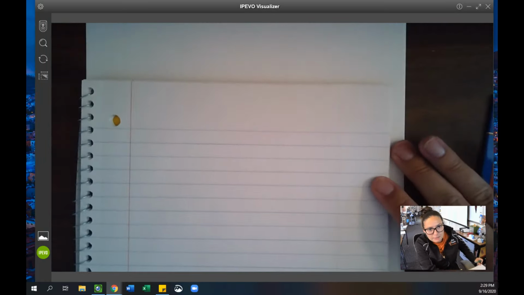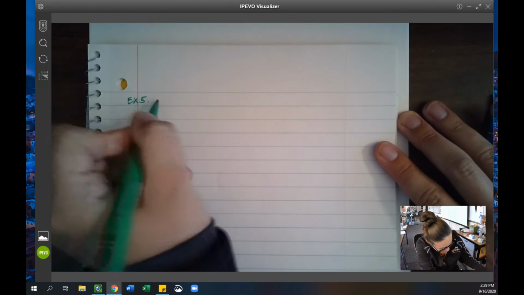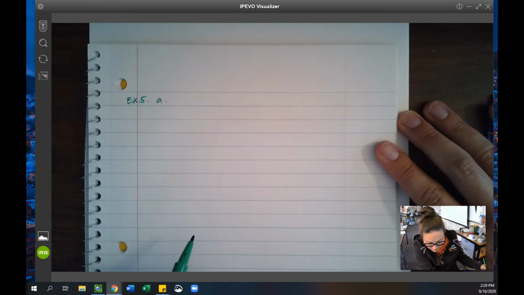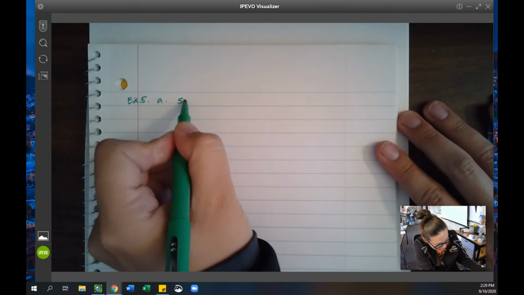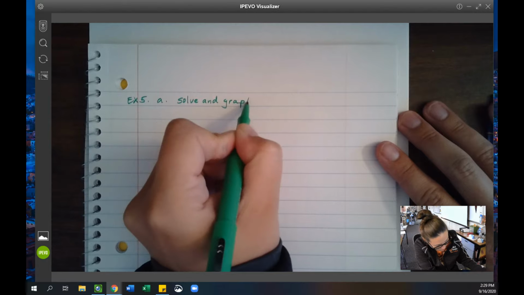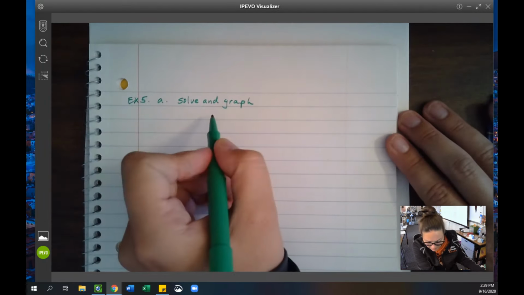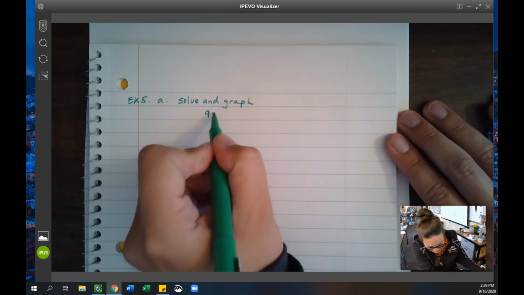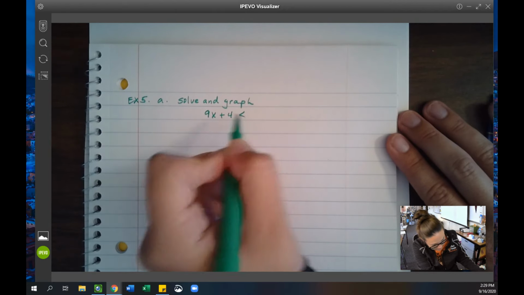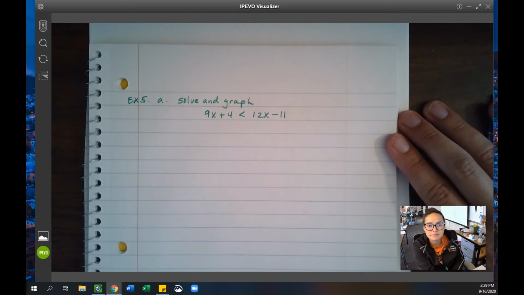One last example here. Example 5, part A. Solve and graph. Ooh, solve and graph. Here's what we have. 9x plus 4 is less than 12x minus 11.